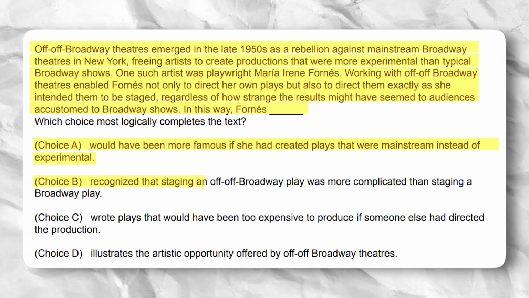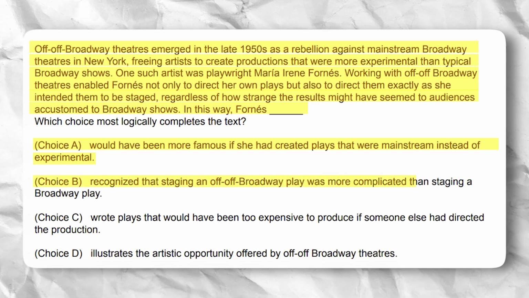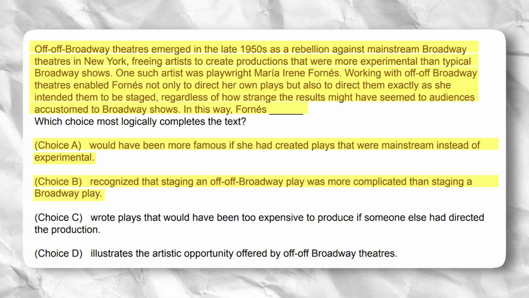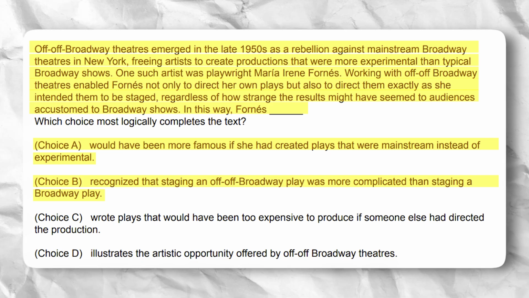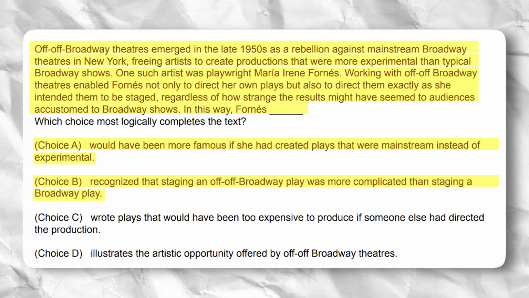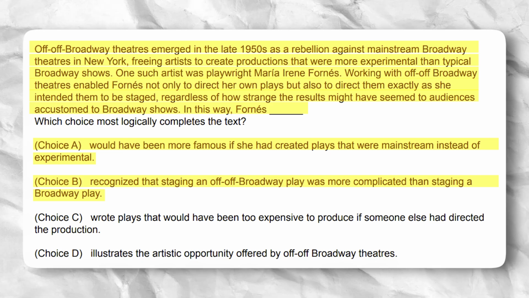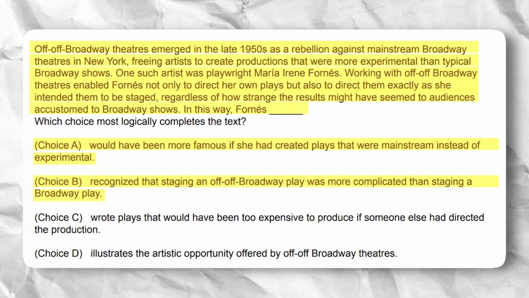B is recognized that staging an off-Broadway play was more complicated than staging a Broadway play. It could have been more complicated, but that's not the main idea. The main idea is that it allowed her to be more creative. The off-Broadway allows the creators to do something which they really wanted to in the way they intended to do it. So we will again go back to that line, and it's not exactly going well with that main argument, so we can minus the option B.